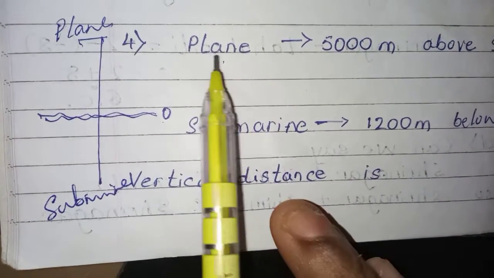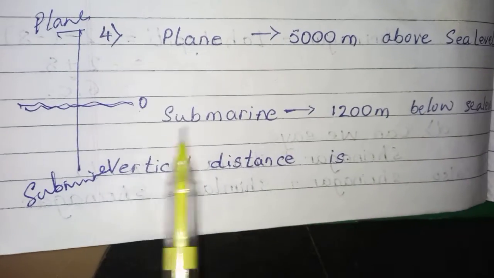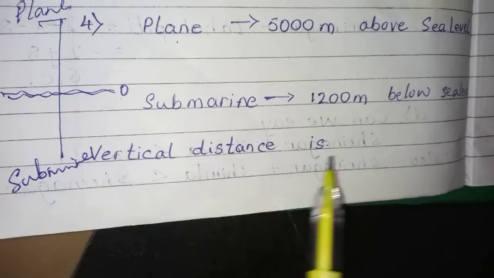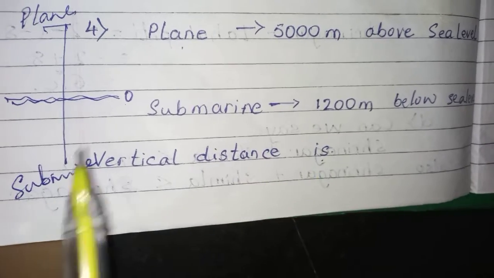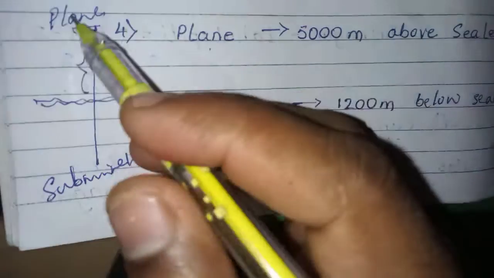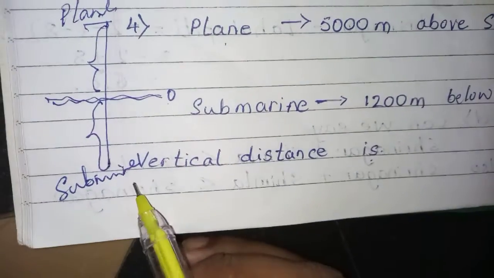The plane is at 5000 meters above sea level and the submarine is 1200 meters below sea level. The vertical distance between them is the distance from sea level to the plane plus the distance from sea level to the submarine.